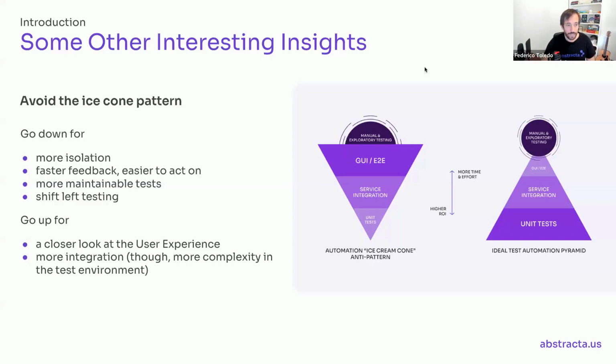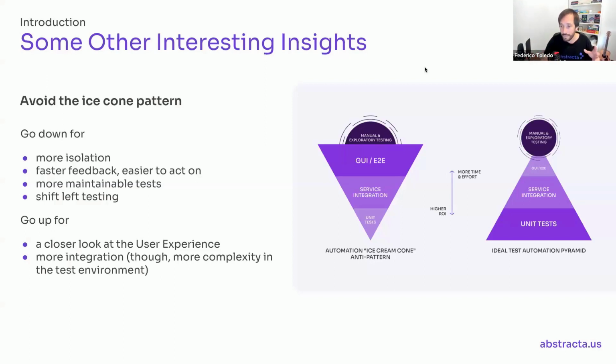And this approach can help you to do shift-left testing, to start earlier with the test automation activities in your testing process. And if you go up in the pyramid, you will have a closer look at the user experience because we cannot only test the units, even though they are more efficient and so on, but we also need to complement this to also do test automation in the different layers in order to gain more perspective on the user experience.